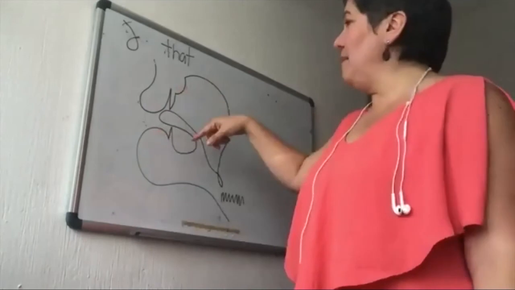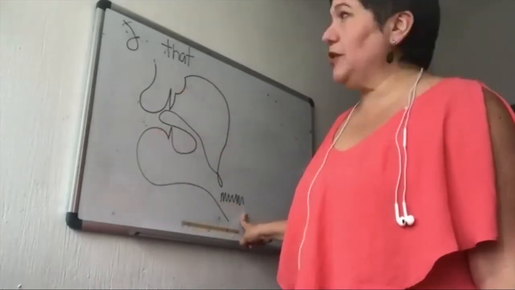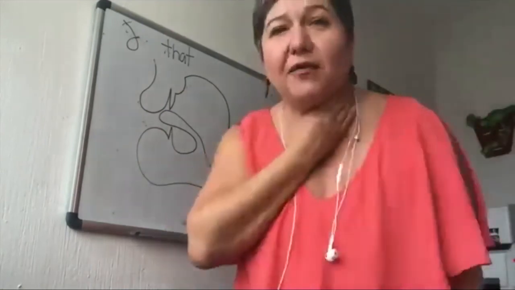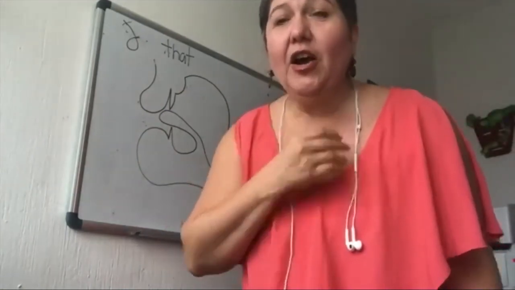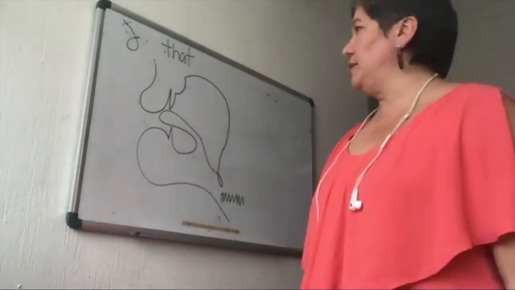So it's the same mouth chart, but with vibration of the vocal cords. Were you able to feel the vibration? Another way to feel the vibration is by covering your ears when you produce the sound.